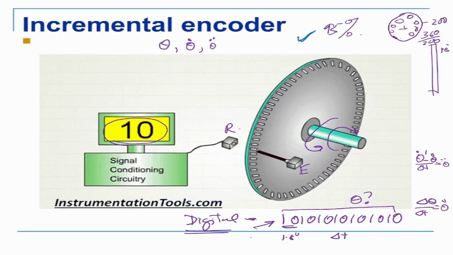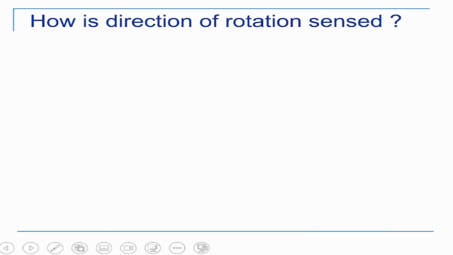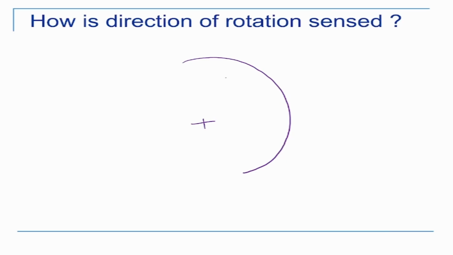So for measuring the direction of rotation, two emitter receivers are used. So if this is my encoder, which is rotating, this is one here, then one here, one here, one here. Okay, so what we see is that we are having one emitter receiver here, and another one here with some phase shift. So in the side view, there is an emitter receiver, two of them with phase shift.